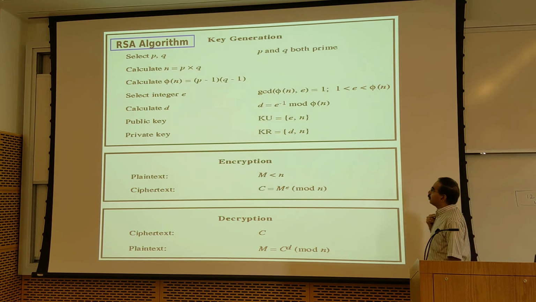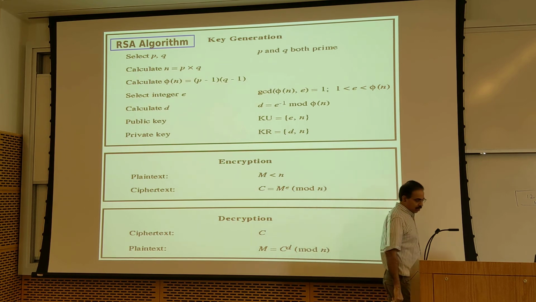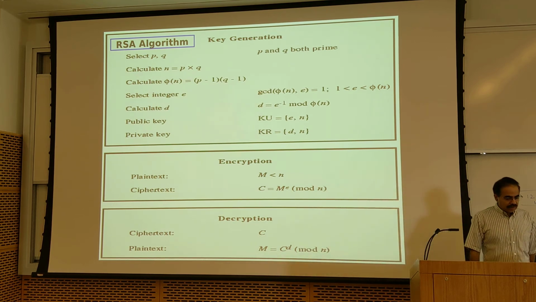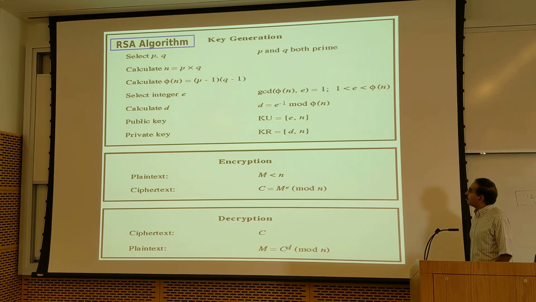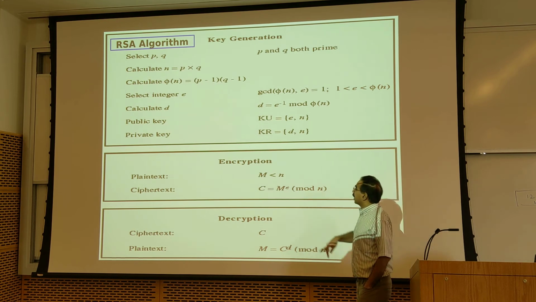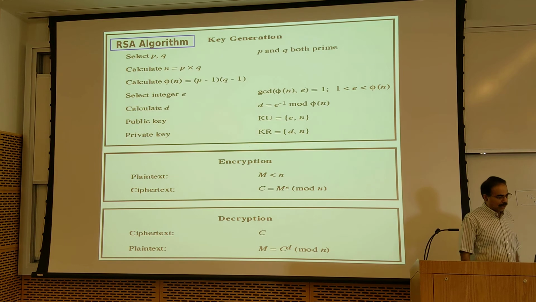And then you compute this quantity called phi of n, which denotes the number of numbers that are relatively prime to n. And if p and q are prime numbers, it can be shown that phi of n is just p minus 1 times q minus 1.